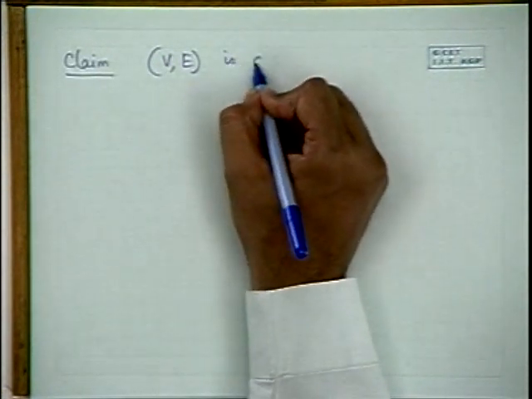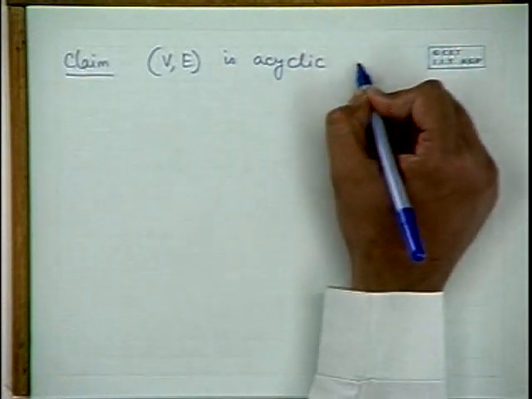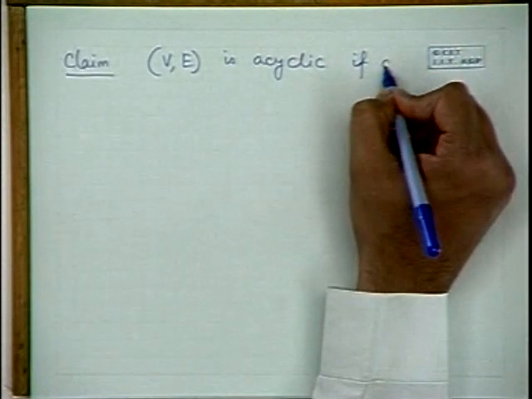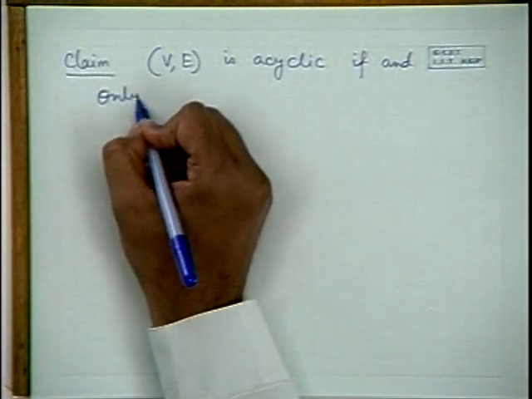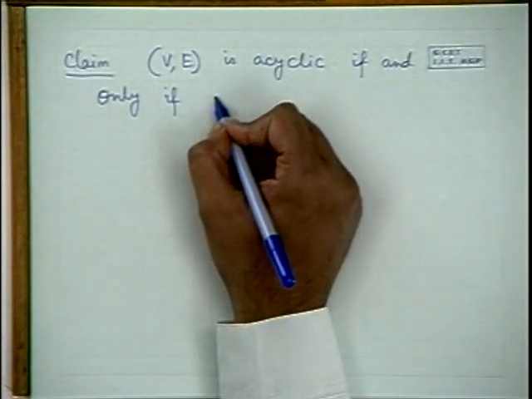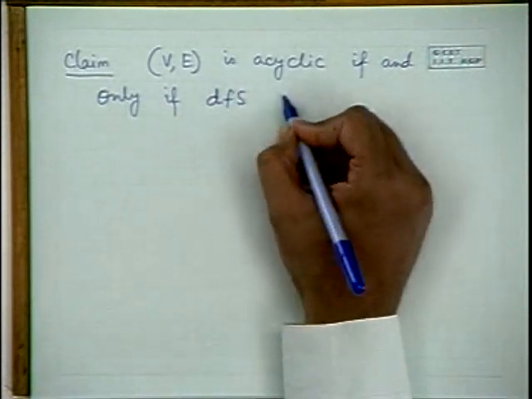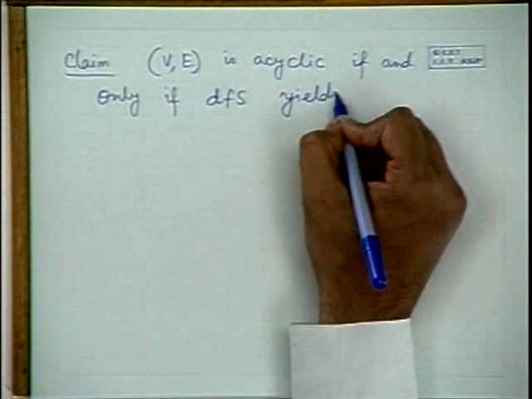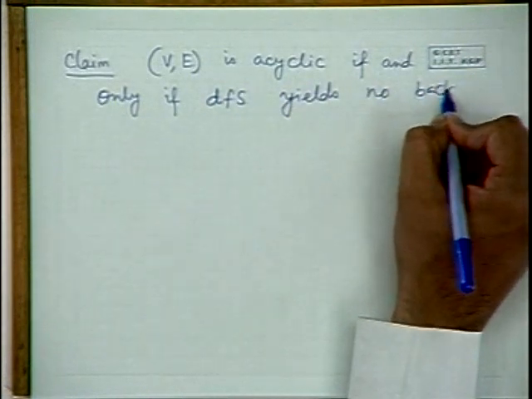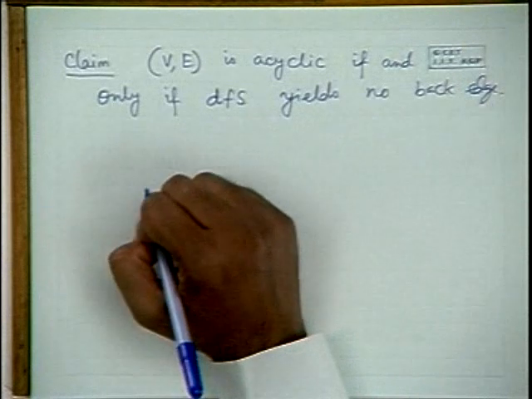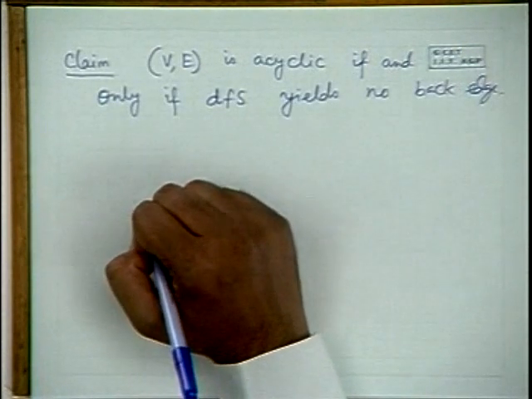G is acyclic if and only if DFS has no back edge. So first you run a DFS on the graph and check whether there is a back edge or not. If there is no back edge, then only we proceed to the topological sort on that graph. If there is a back edge, you stop and just output that it is not possible to do a topological sort.